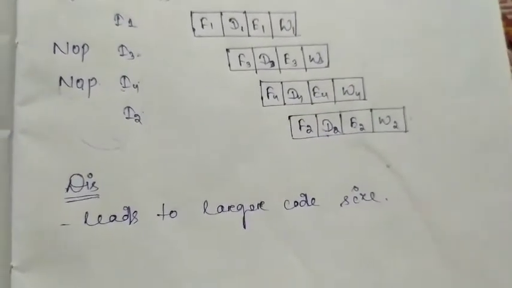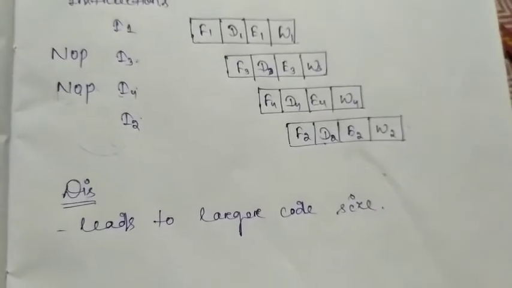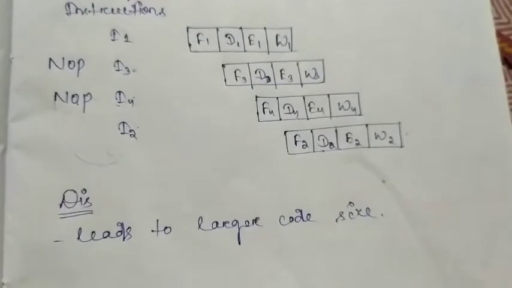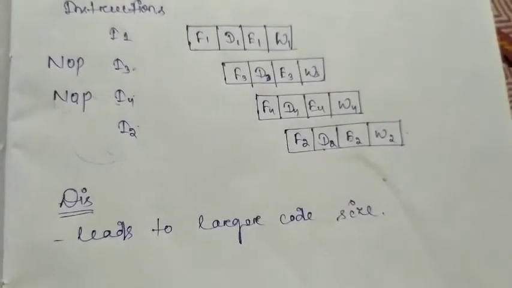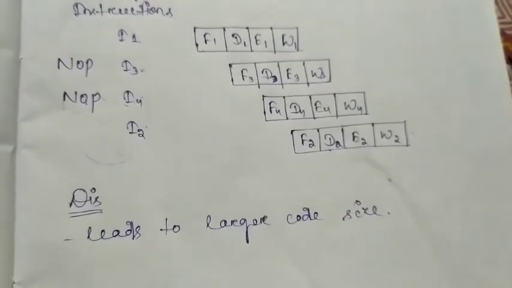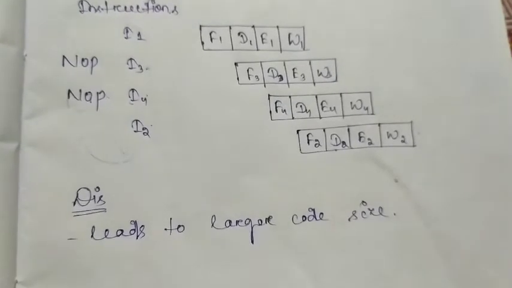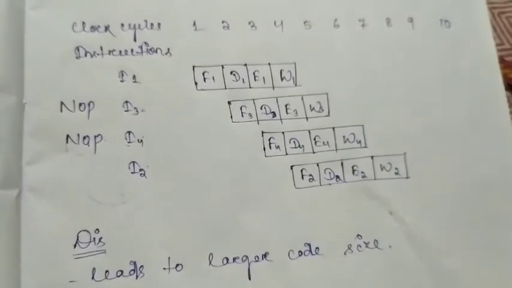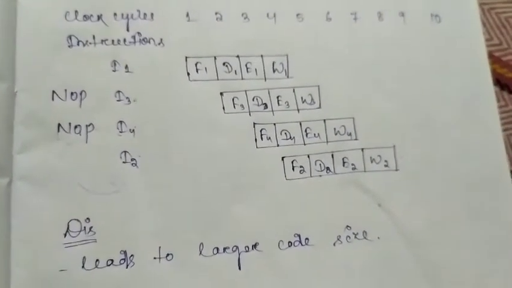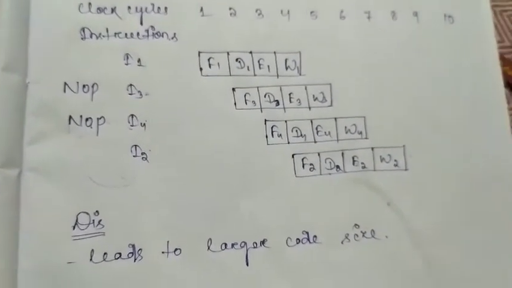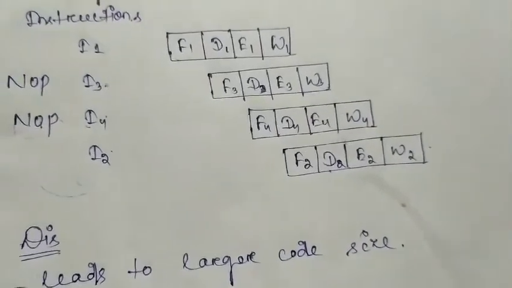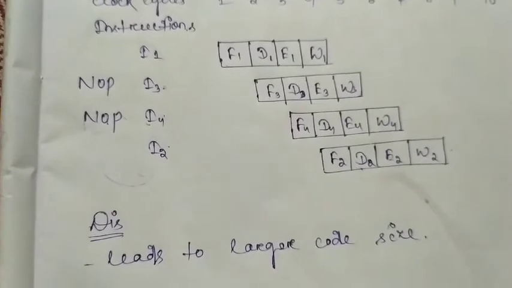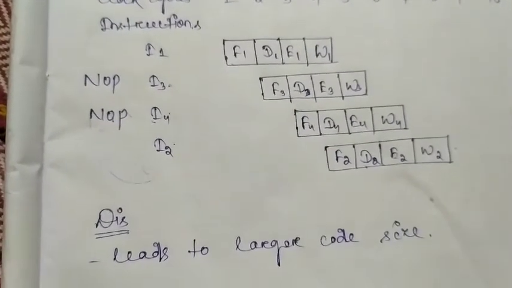But this is a way in which we can improve the performance and also handle the data hazard. So this is all about how we handle data hazards in software. As we are including the compiler here, and the compiler is software, it depends completely on the software how it will handle the data hazard.